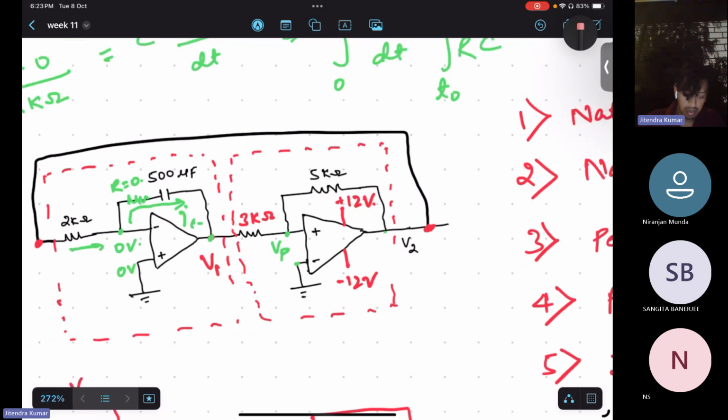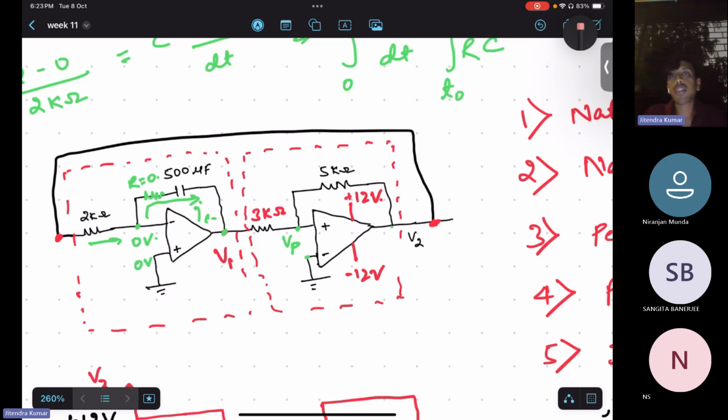Niranjan? Yes, sir. So you were saying that we cannot apply the virtual ground concept here, right? Do you know any other reason?